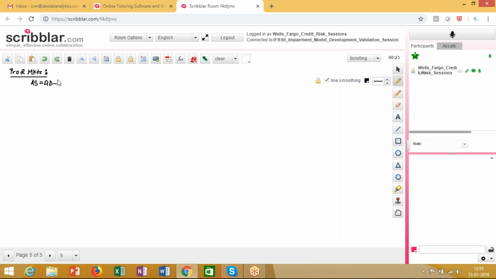Broadly, it comes in as the consumption expenditure.